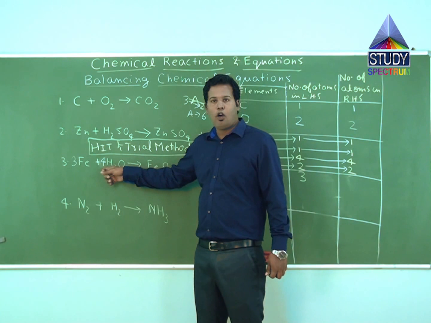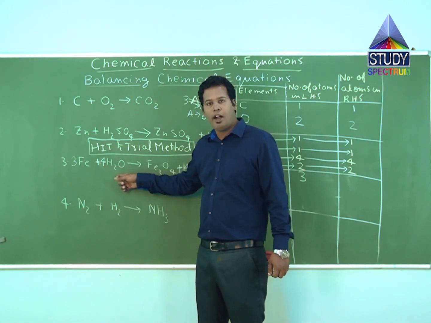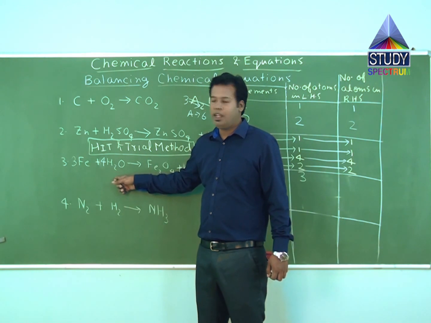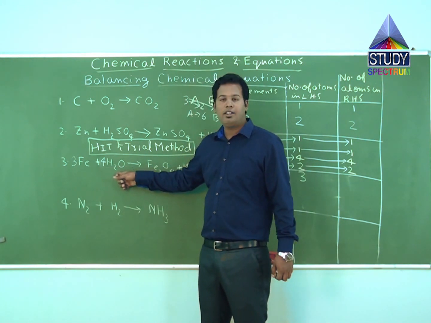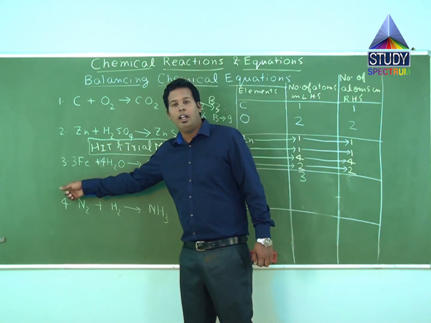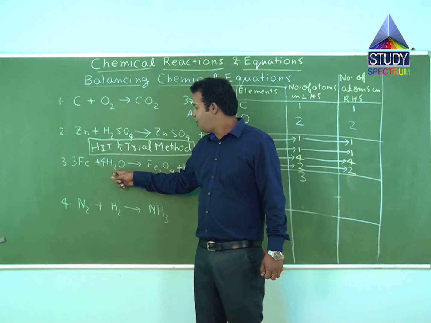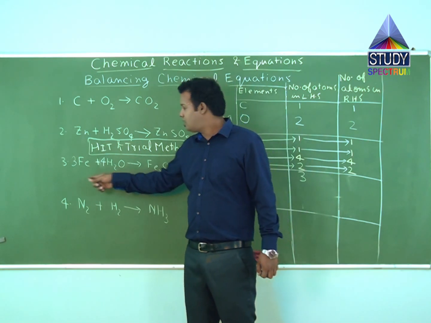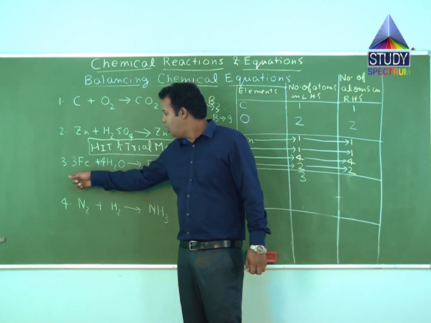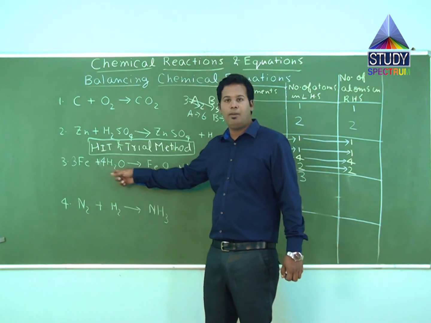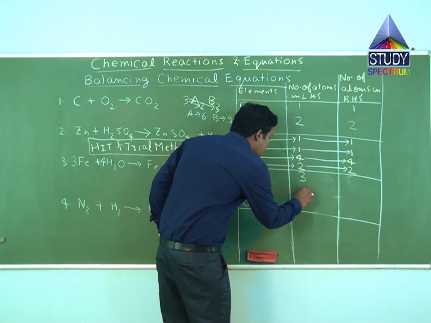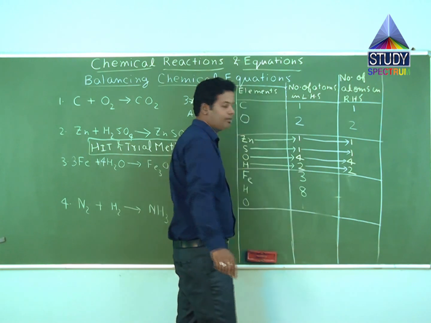It means the coefficient into the suffix of hydrogen will give the number of hydrogen atoms in this compound, that is 4 into 2, which is 8. Since this compound is the only one containing hydrogen, the number of hydrogen atoms in LHS is 4 into 2, that is 8.